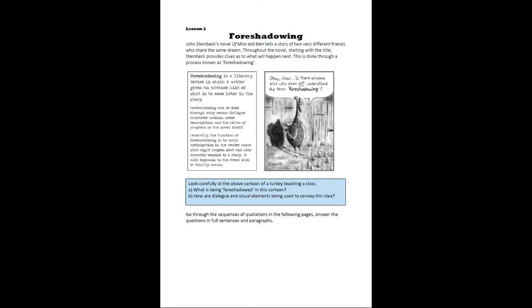Write your answers down to these questions. What is being foreshadowed in this cartoon, and how are dialogue and visual elements used to convey this idea? And there's a bit of a hint here. Look at the teaching turkey's shadow. You can pause this video now to write down your answers to these questions, and then we will move on.